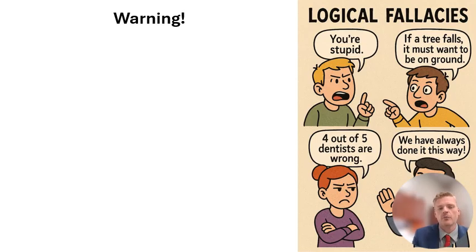And because so many people fall into the trap of confusing correlation and causation, it's really easy to fall into logical fallacies. And there's two particular logical fallacies that students are prone to using in a cause and effect paper.